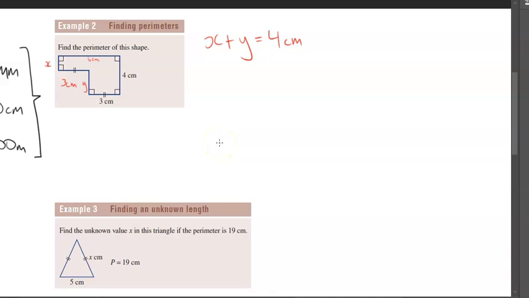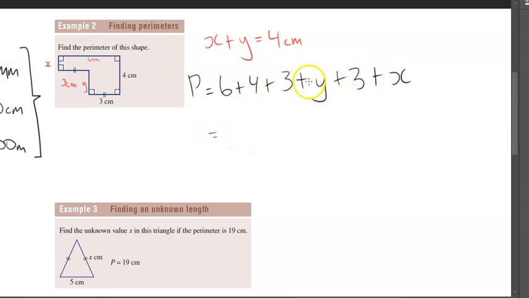Okay, so what we need to do is to work out the perimeter. So P for perimeter, we need to just start at a certain point and go all the way around in order to get the track around the edge. So this is going to be 6 plus 4 plus 3 plus y, which is this one here, plus 3 plus this x here.